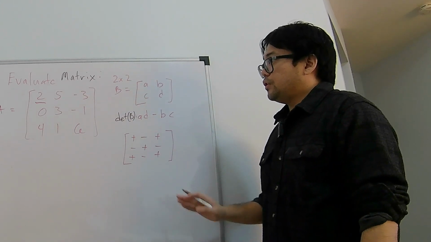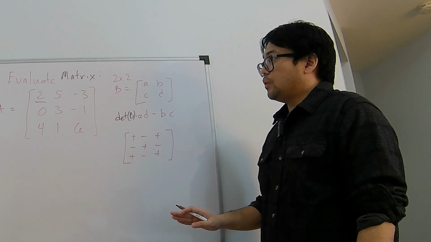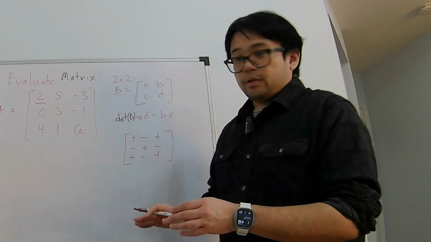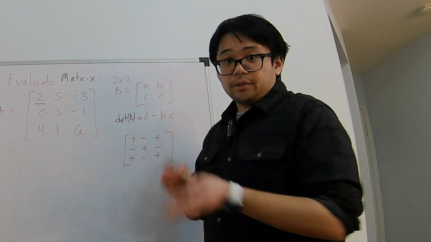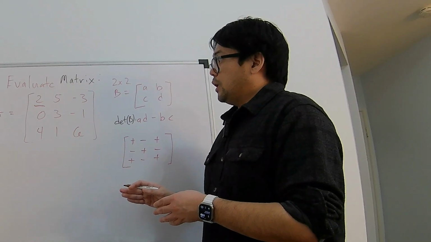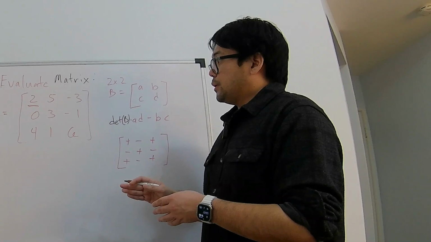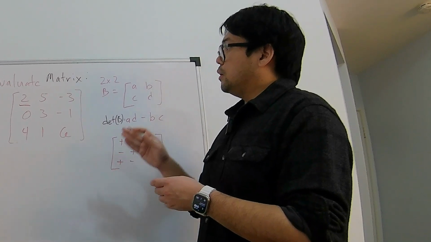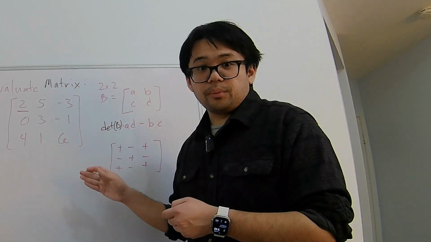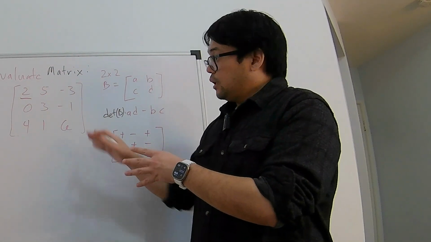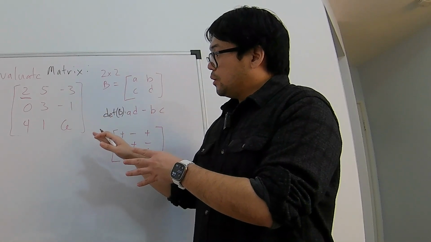So the first thing you want to do when you want to evaluate a 3 by 3 matrix is, and we're going to go through another way to do it later, there's multiple ways to do it. As you'll see shortly, the way we take the determinant of a 3 by 3 matrix is through its minor matrices.